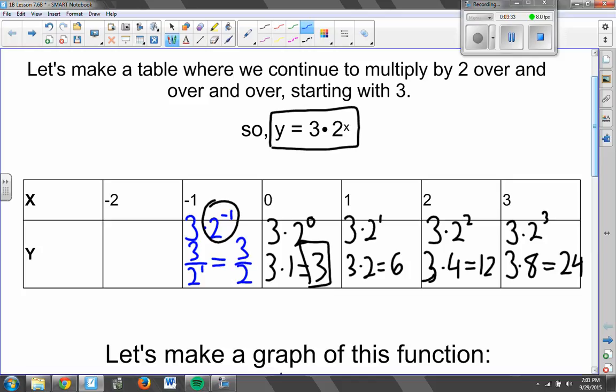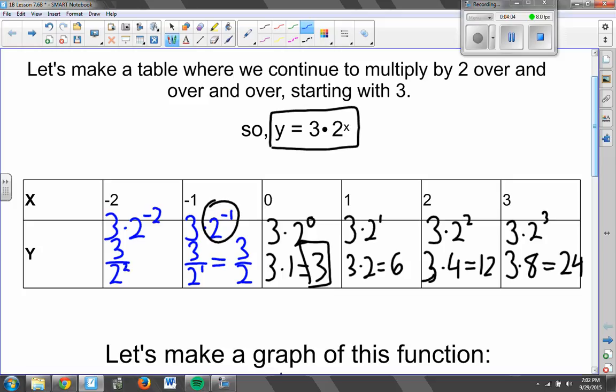Now one more that I want to do so we can see what's going to happen as we continue in the negative direction. If x equals negative 2, we have here 3 times 2 to the negative 2 power, and very similar to the one we just did, the negative 1 power, I'm going to say that's the same as 3 over 2 to the positive 2 power.